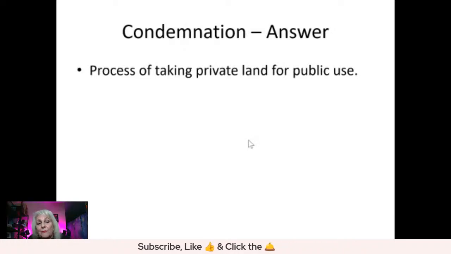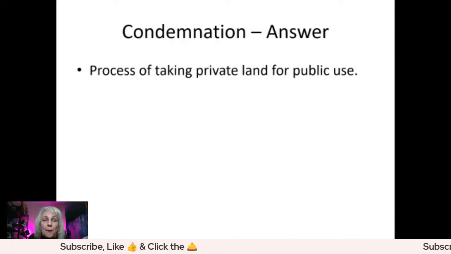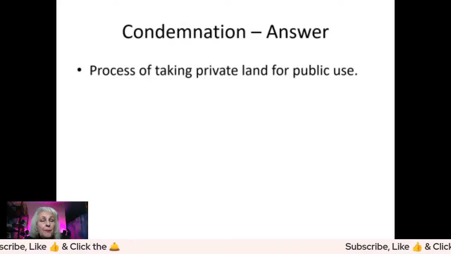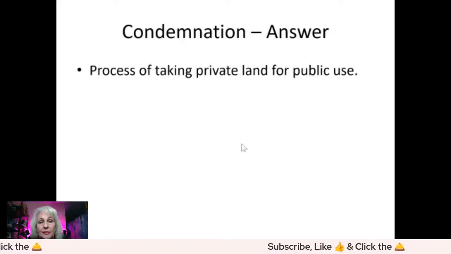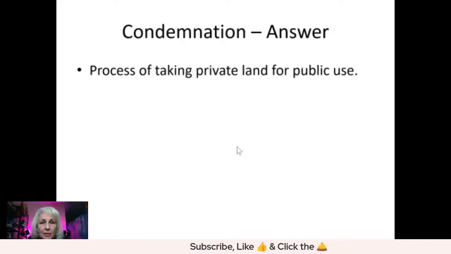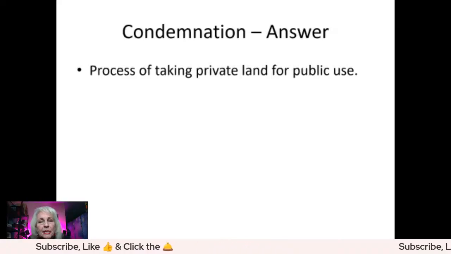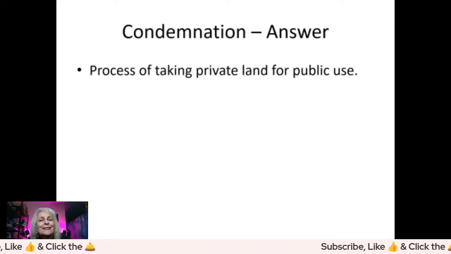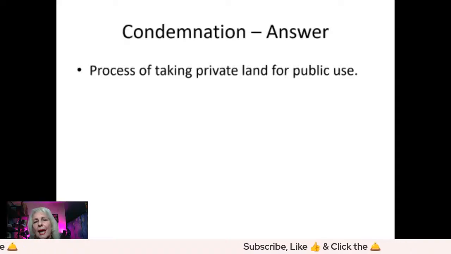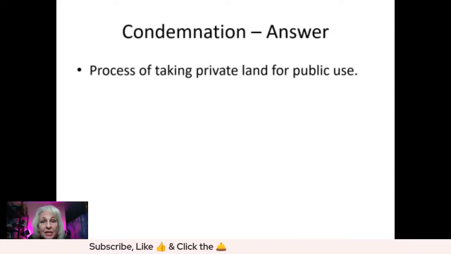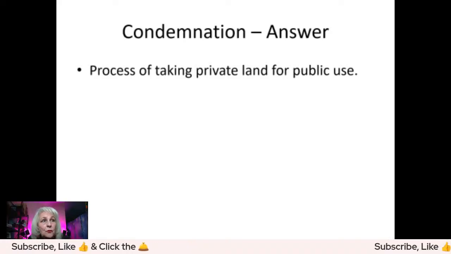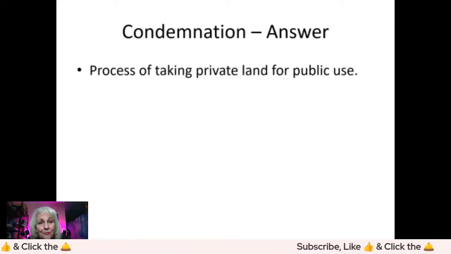They condemn the property, kind of like when a property goes into foreclosure, the bank can condemn that property and take control. If a property is not being managed or maintained, the city or the county can condemn that property for no one to access it, because it could have public safety issues. And so they condemn the property.